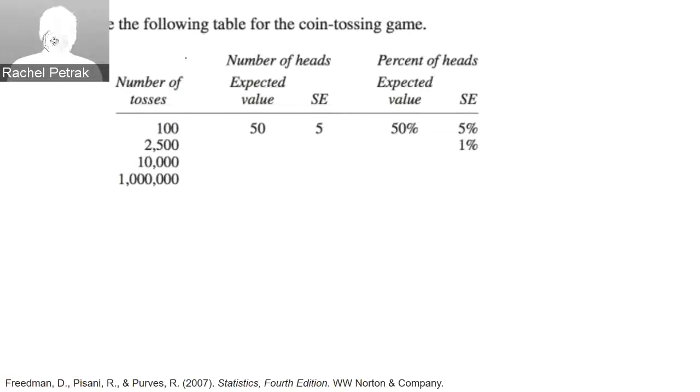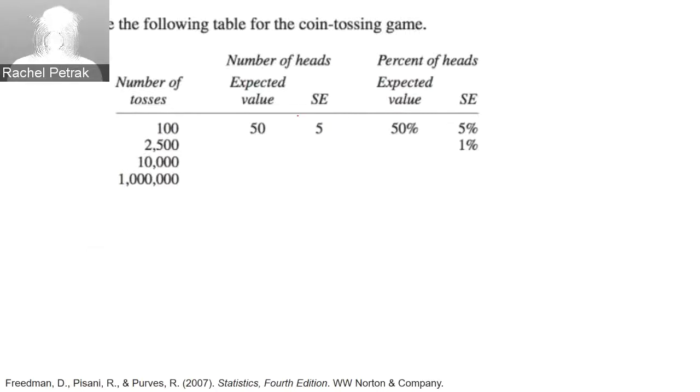So you can see in the table we have some columns related to the number of tosses, the number of heads and its expected value in the standard error, and the percent of heads expected value in standard error. And when we look at 100 tosses, we know that our expected value for the number of heads is 50, and our standard error is 5.